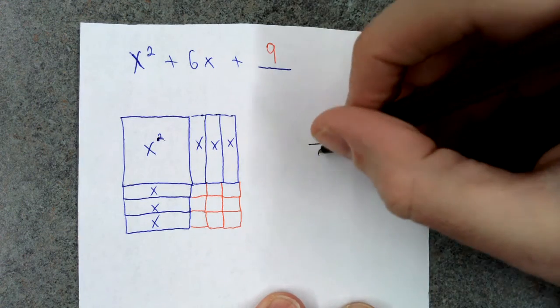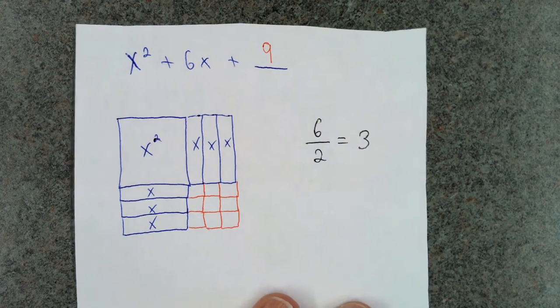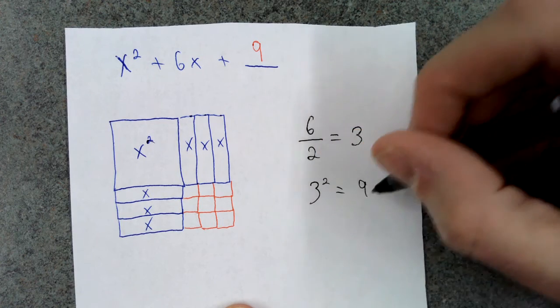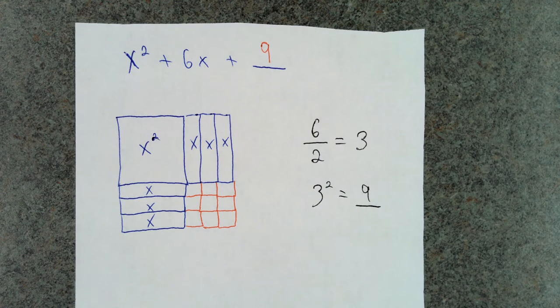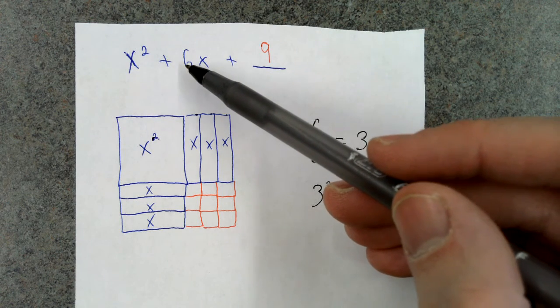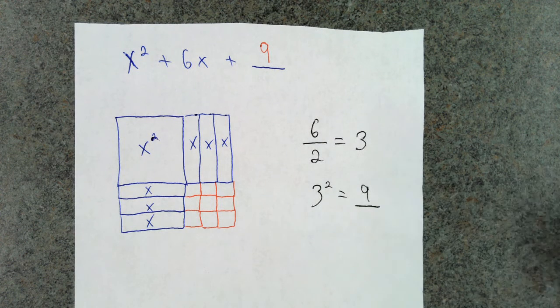You divide it by 2. You always divide it by 2. That gives you 3. And then you take that 3 and you always square it, and that gives you 9. That's where the 9 came from. Whatever number you get after dividing by 2, you always square it. That's how you complete the square.